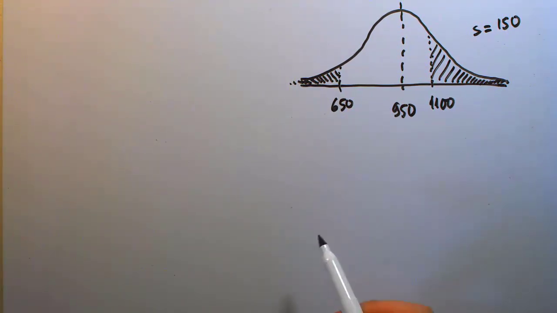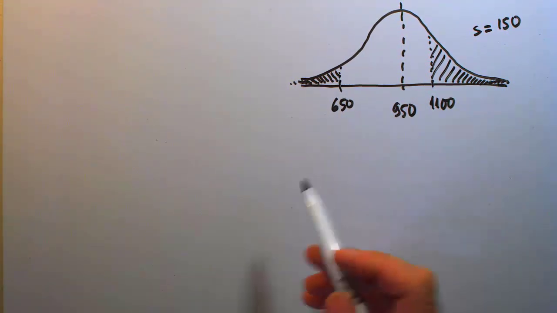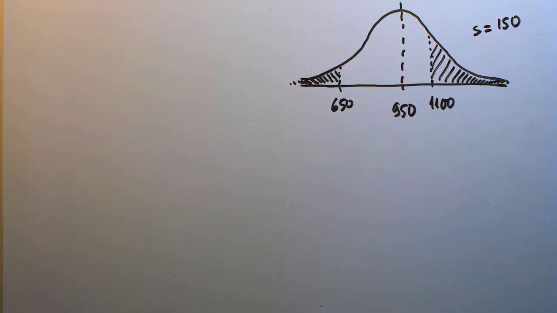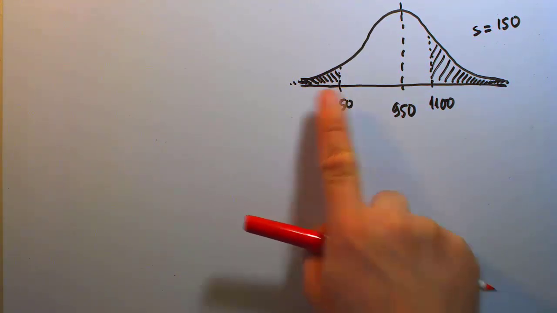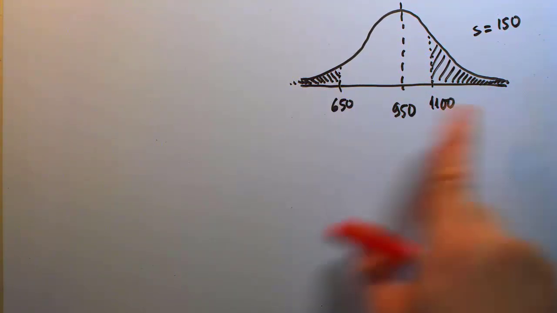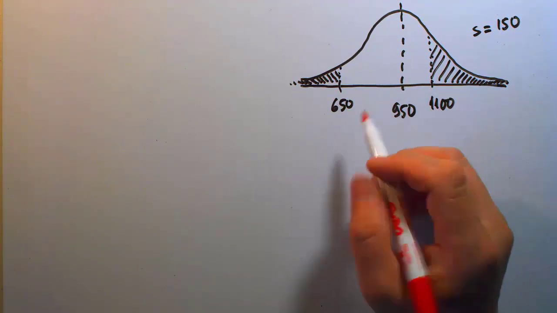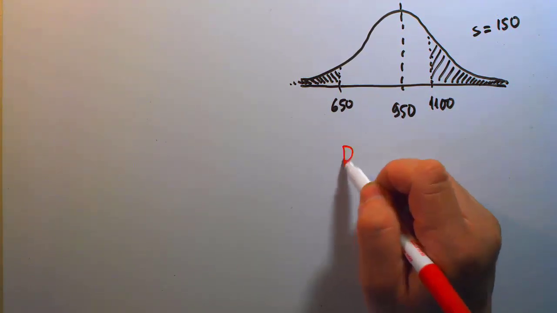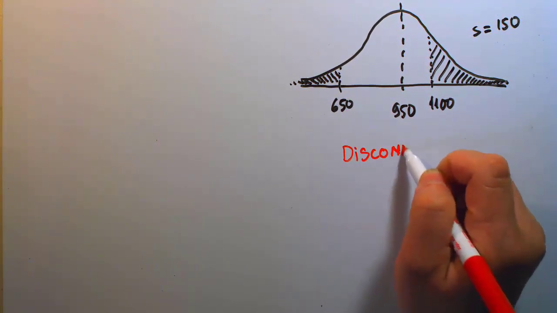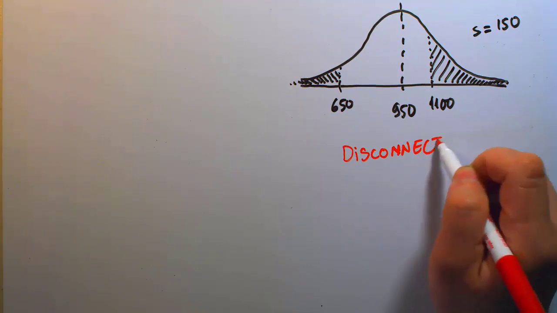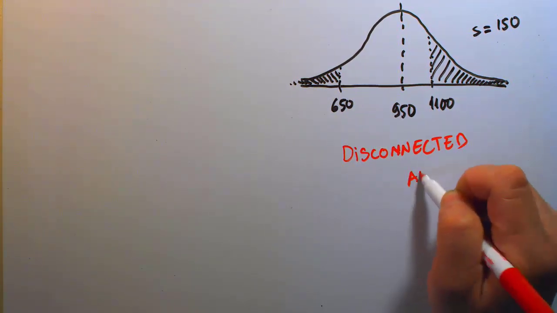Here's how I'm explaining this concept. Some point later on, you will see this kind of situation when we formally work with the bell curve, the normal distribution. A situation like this, where your area gets broken up into two separate areas, is, in my own term, what I call disconnected areas.